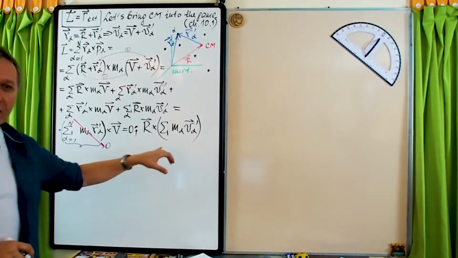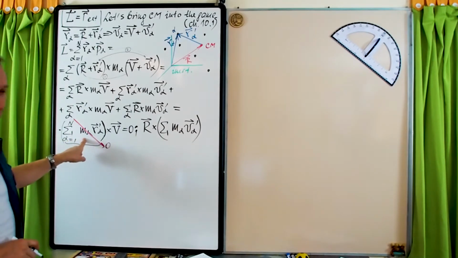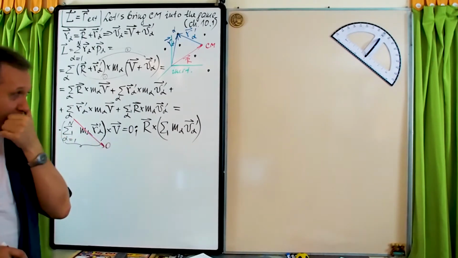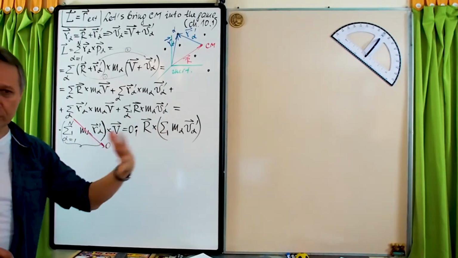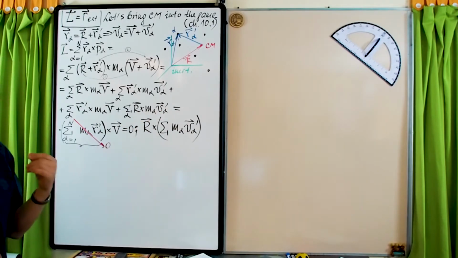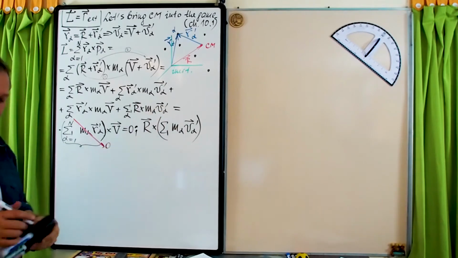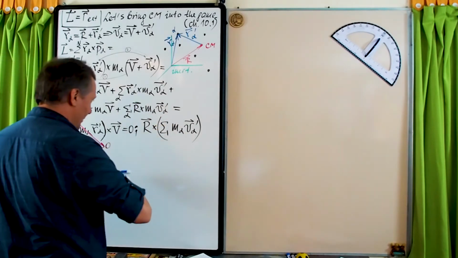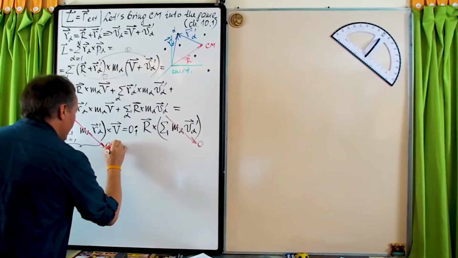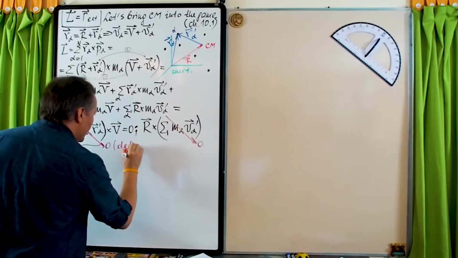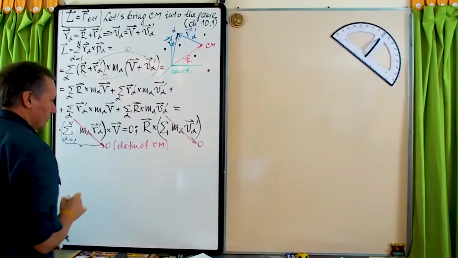I wrote that down almost immediately after the definition, because if you differentiate the definition of center of mass with respect to time, you will end up with this, which we use occasionally to solve problems, to describe some motion relative to the center of mass. It's just a derivative of this, and as a result, this sum is also zero. Let me remind you, it's basically the definition of the center of mass point.